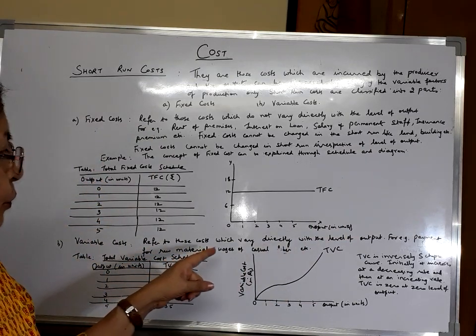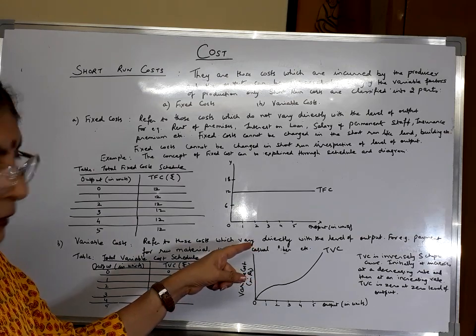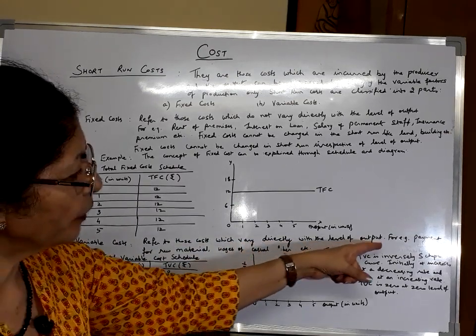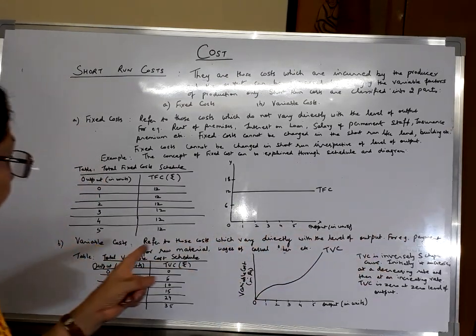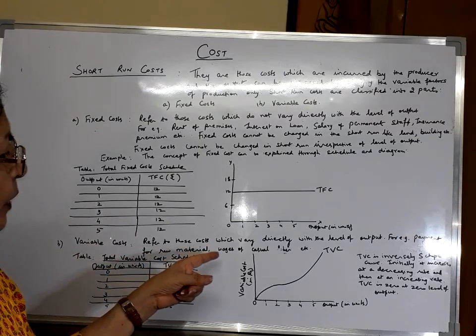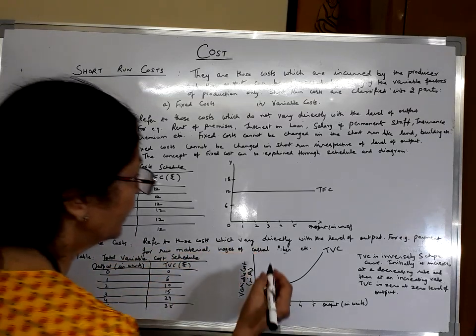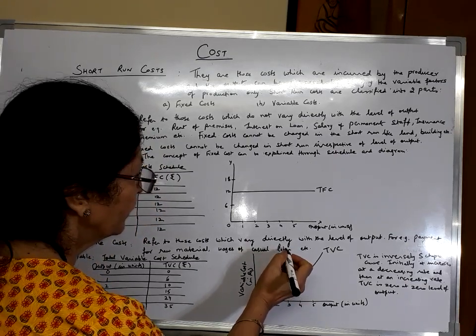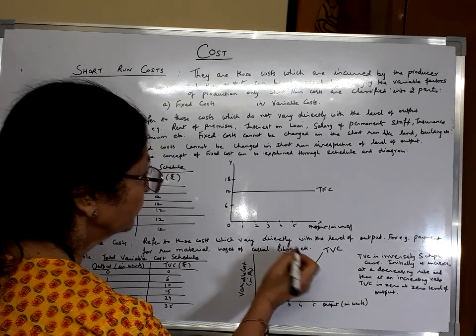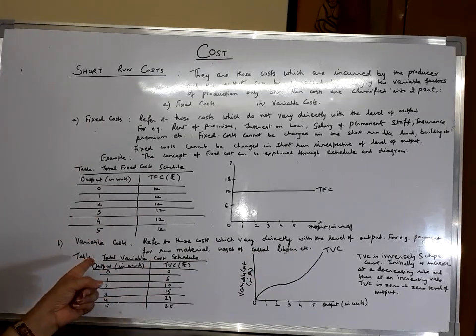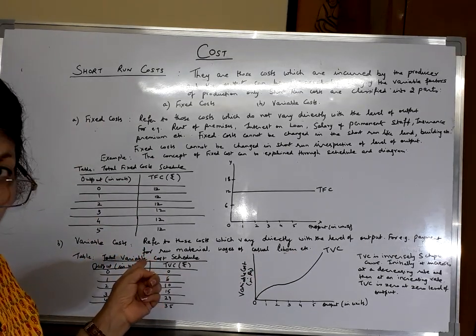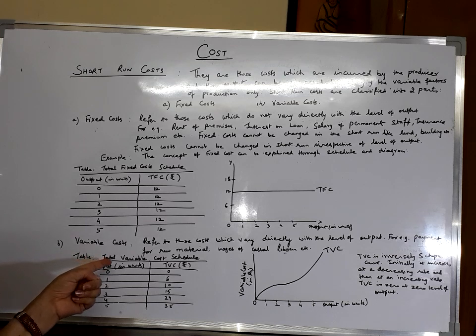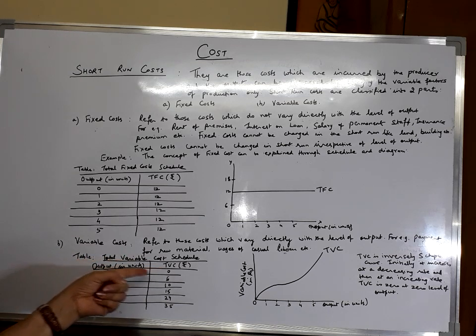Now we come to the second part of it, that is variable costs. Variable costs refer to those costs which vary directly with the level of output. For example, payment for raw materials, wages of casual labor, etc. And this has been explained with the help of the following schedule. You have the total variable cost schedule.